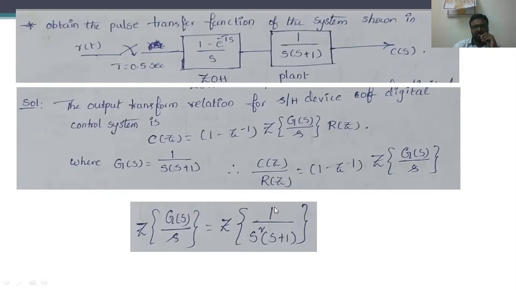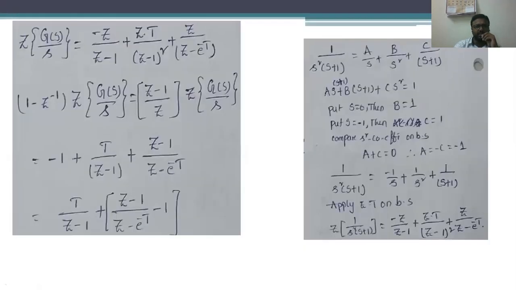That means the z transform using the partial fraction method, one of the z transformation methods. Let us look into it. This is the partial fraction method to determine the value of G of s divided by s.